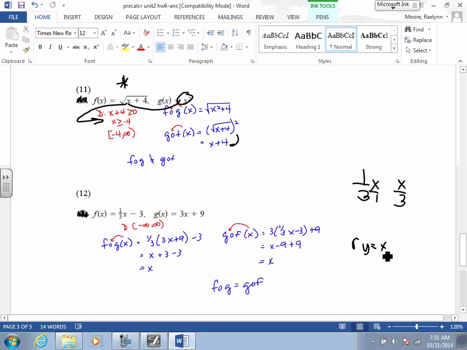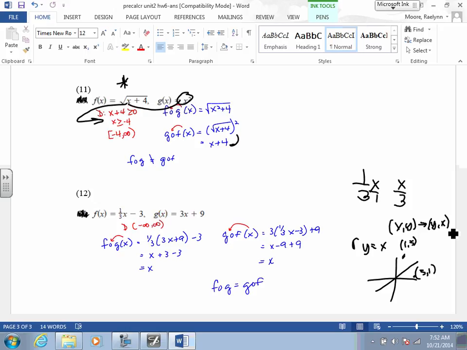And the reflection over your line y equals x, if you think about it, if this is 1, 5, and this reflects, this is 5, 1, it takes these and it flips these around. So your xy becomes yx. Okay, so there's your reflection. So if you look in your table, you can take your original point and see that it reflected.